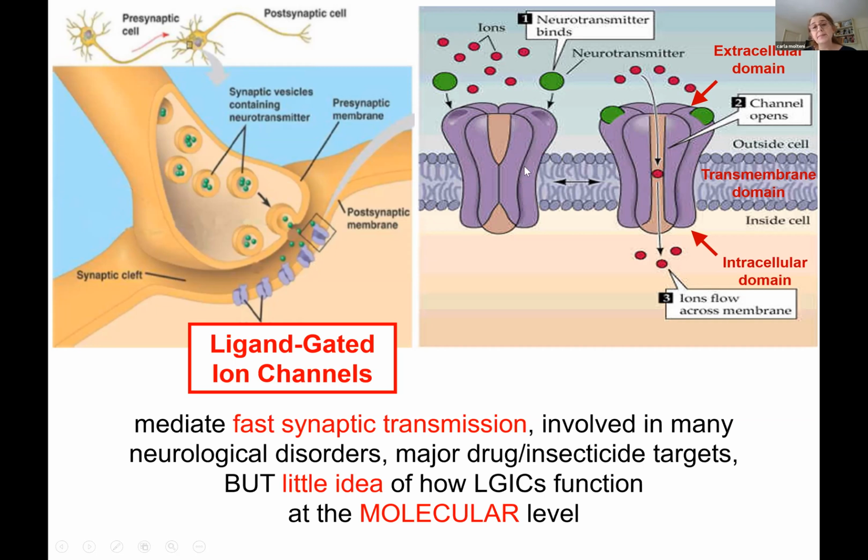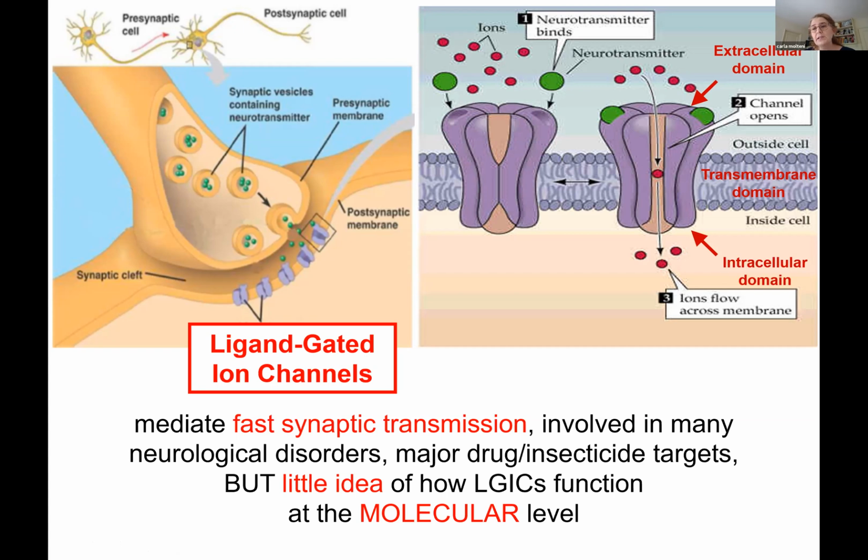They have a pore that is closed until the neurotransmitter attaches to the external part, the extracellular domain of the neuroreceptor, and this activates a series of structural changes that culminate with the opening of the channel. And so the ions can then pass through and so change the cell potential and transmit an electrical signal.